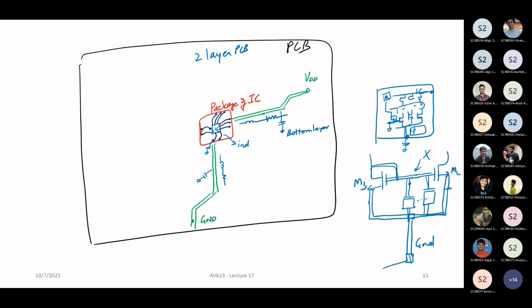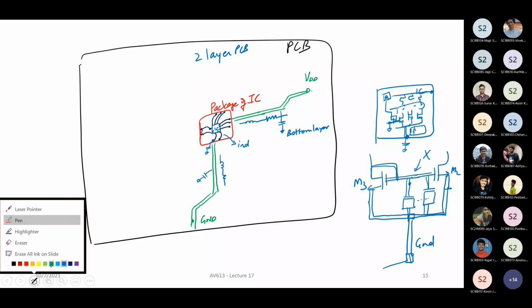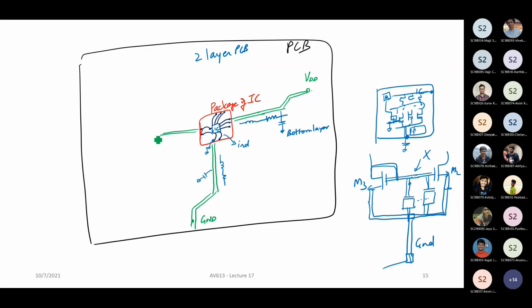So you'll have a VDD to ground capacitance, right? And let's say this is your input line. Now, if your bottom layer is a complete copper pour of ground, then this input is going to form a capacitance to the ground layer or the bottom layer.